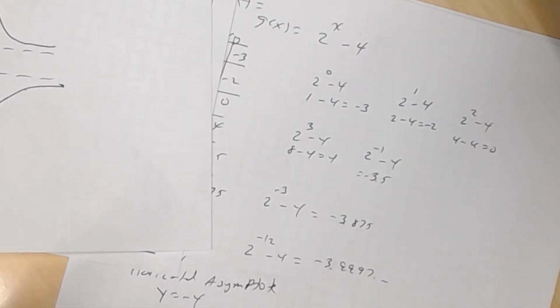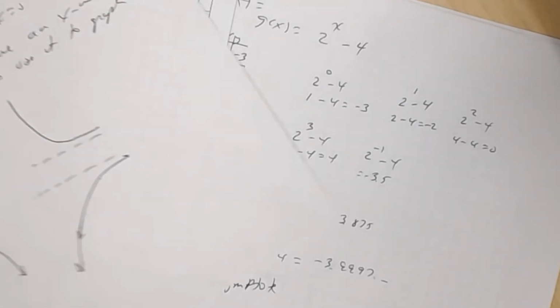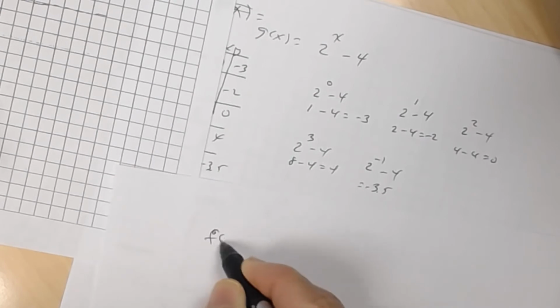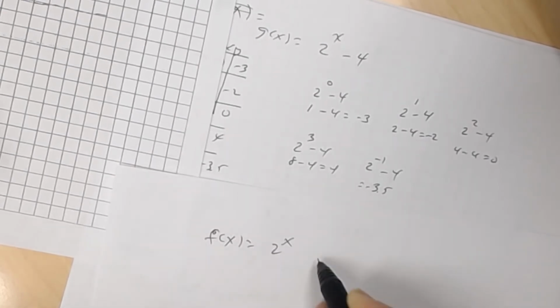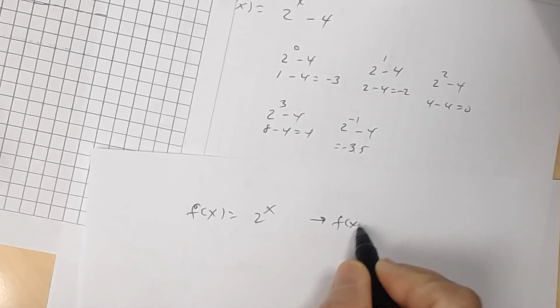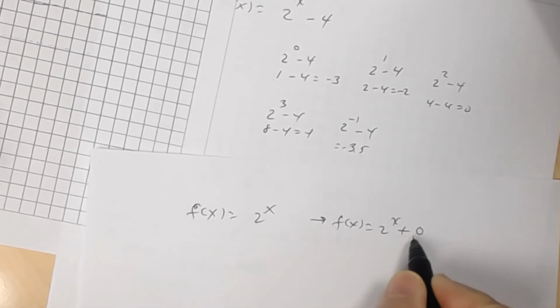When I graphed y equal 2 to the x, do y'all agree that that's the same thing as saying f of x equal 2 to the x plus 0? So there's your horizontal asymptote.